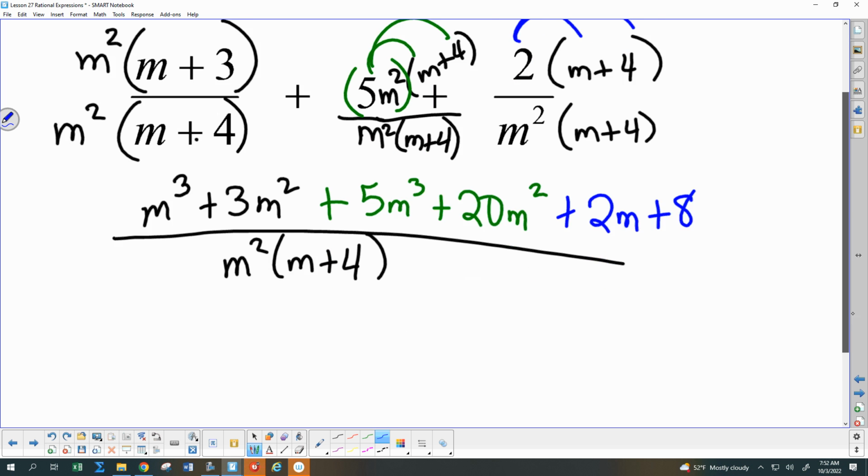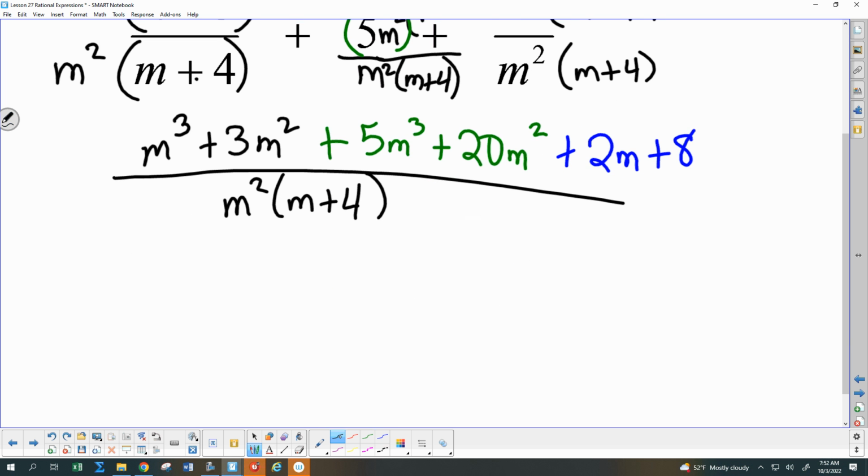Now we just need to look at that and see if there are any like terms that we can combine. What about my m cubes? That's my biggest power. Noah, do I have any I can put together? So how many m cubes do I end up with?